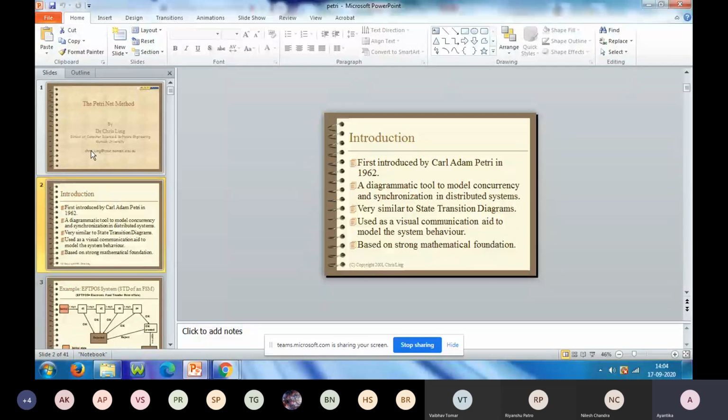Now, this is just some history: the Petri net was first proposed by Carl Adam Petri in 1962.